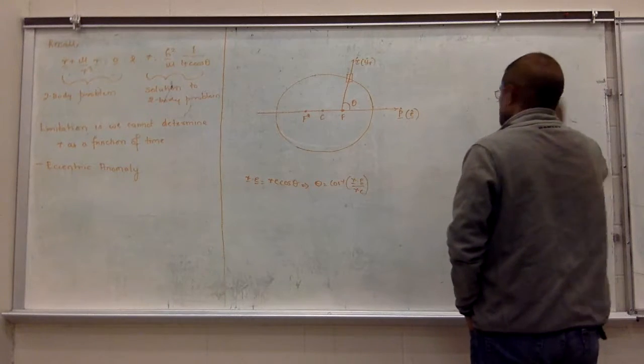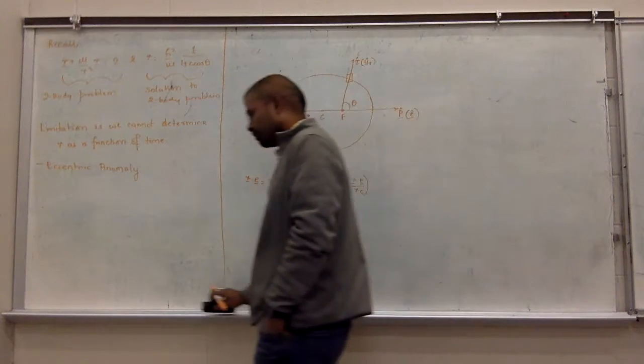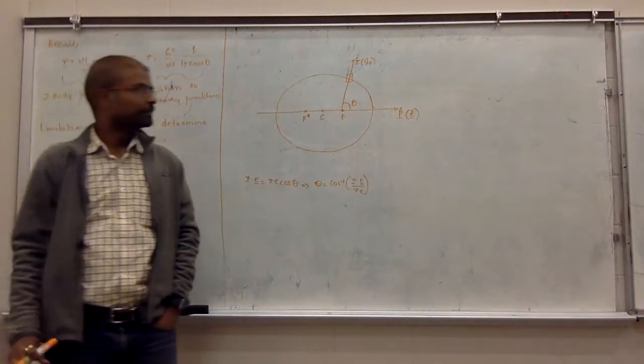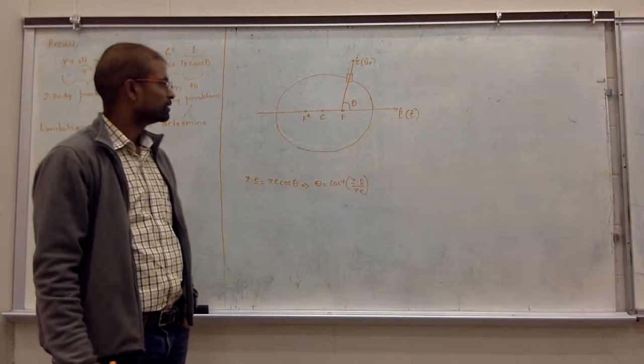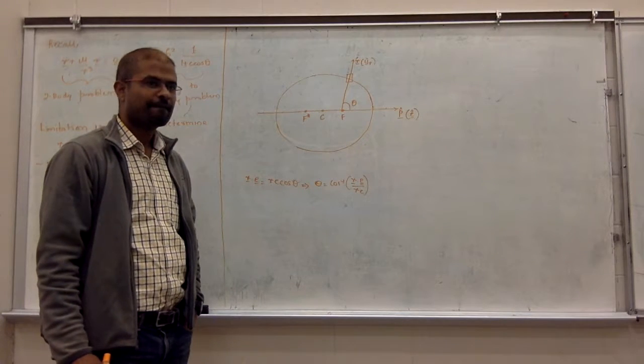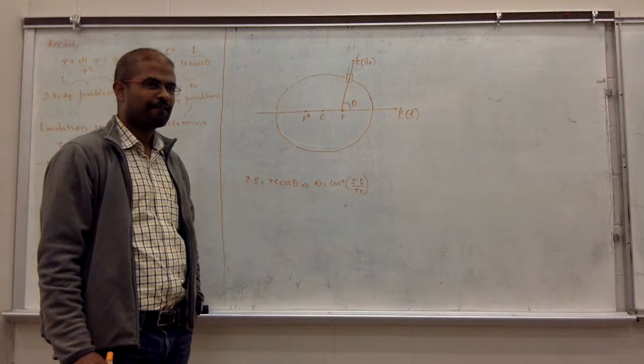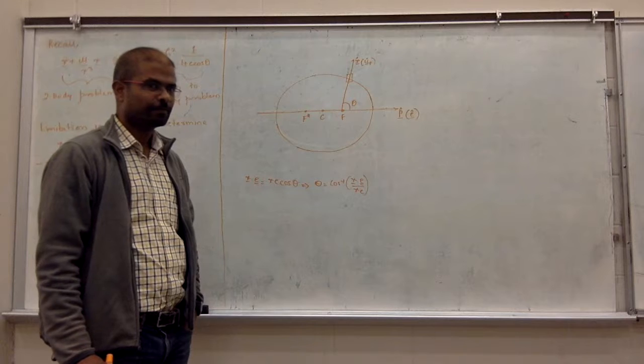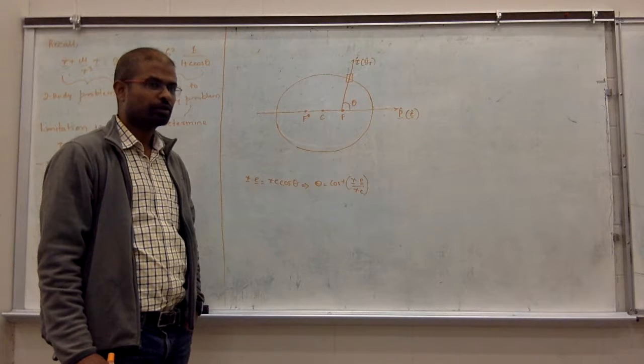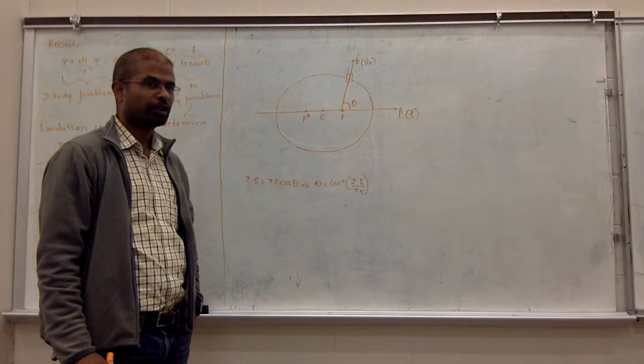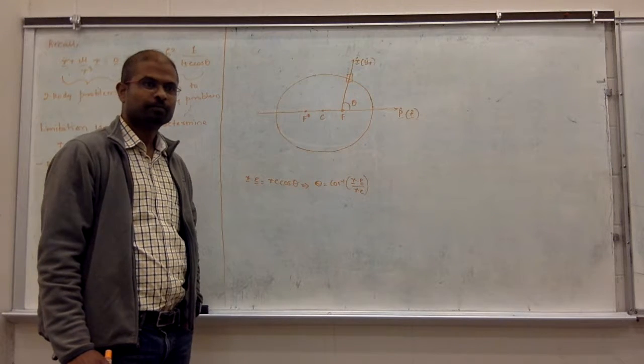So how do you circumscribe a circle around the ellipse? Your radius is going to be the semi-major axis. And if you inscribe, what would be the diameter? It would be the minor axis.